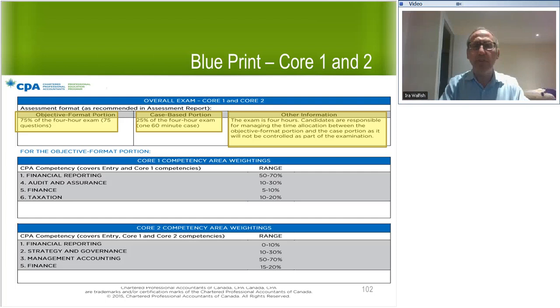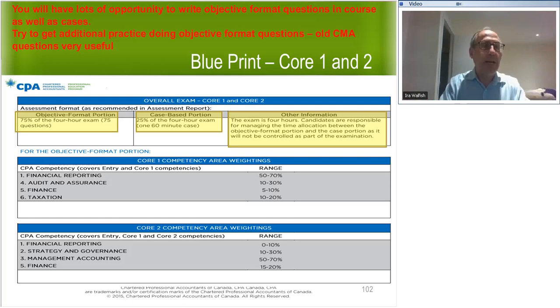Now, in terms of the makeup of the exam, let's go over what you're going to be tested on this exam. But before I do, I didn't want to forget to mention something that's rather important. In the course that we're going to be doing together, you're going to have a huge amount of opportunity to write practice questions. But if you'd like to get additional practice, particularly in the area of objective format questions, which is the bulk of the exam, I can provide you with old CMA questions.